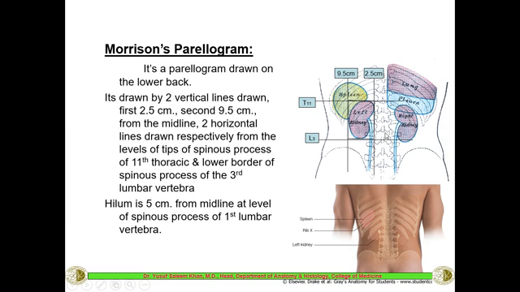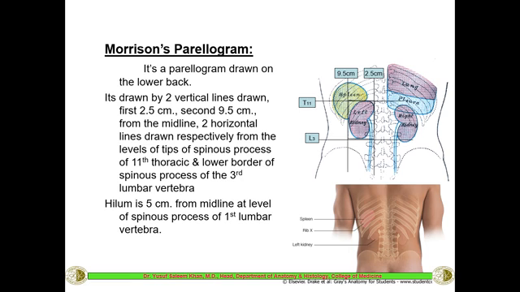Then you get a parallelogram that is called the Morrison's parallelogram. If you want to trace the hilum of the kidney, it will be almost 5 centimeters from the median plane, since the first line is 2.5 centimeters and another 2.5 centimeters makes 5. At the level of the L1 vertebra, in between T11 and L3, will be the hilum of the kidney.